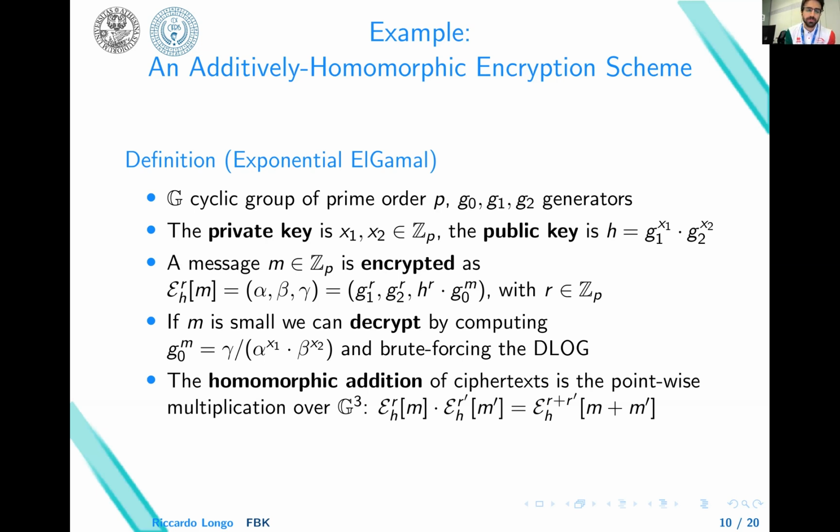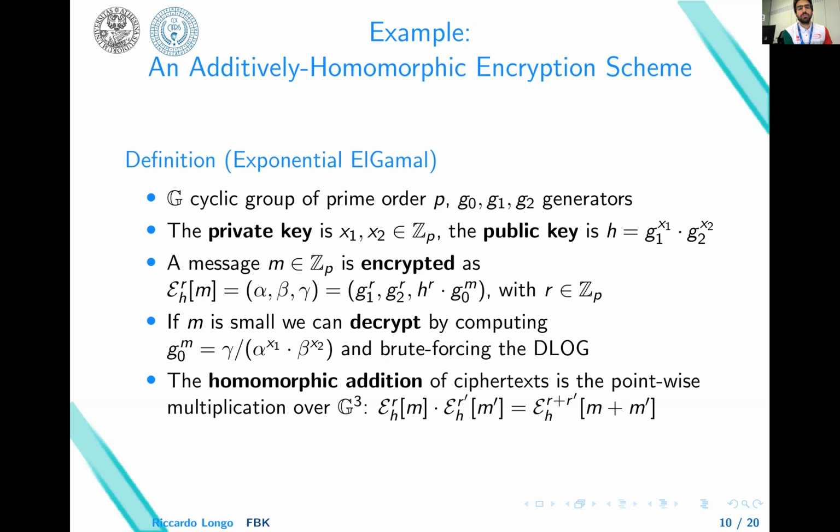How can we encrypt? The encryption of the message m, which is a number, in practice a small number, will always be some integer modulo p. We have some randomness r, again in Zp. It's important that it's generated uniformly at random.